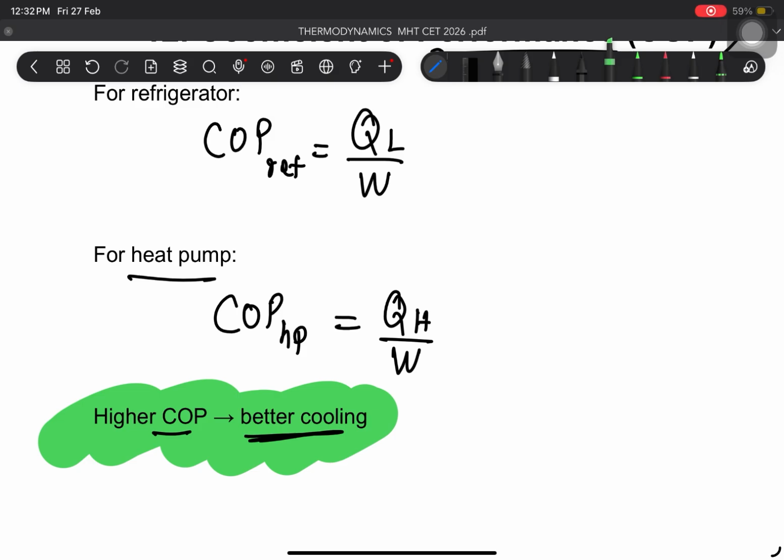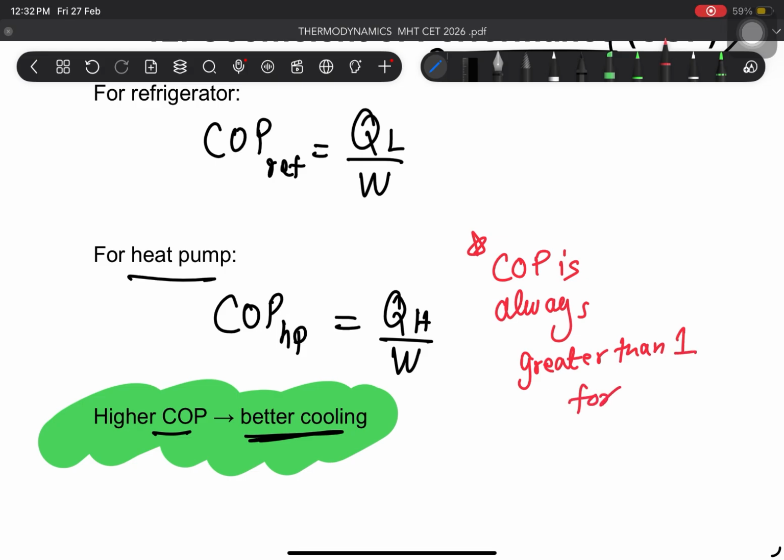And COP is always greater than 1 for a refrigerator.